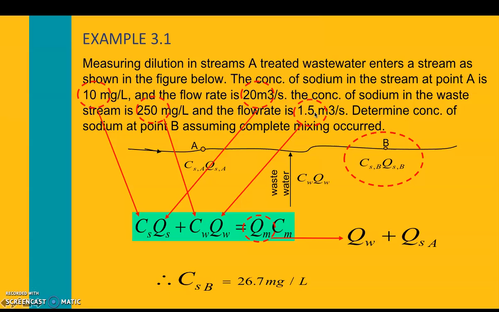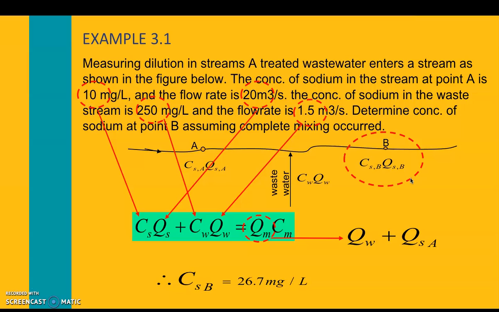Initially, the stream has a concentration of sodium at 10 milligram per liter and the flow rate is around 20 meter cube per second. This question wants you to calculate the concentration and also the flow rate at point B, which is after the point where the wastewater discharge meets the stream.